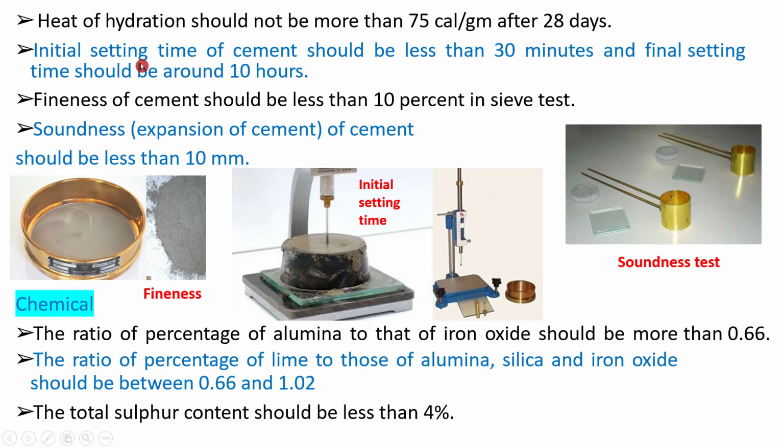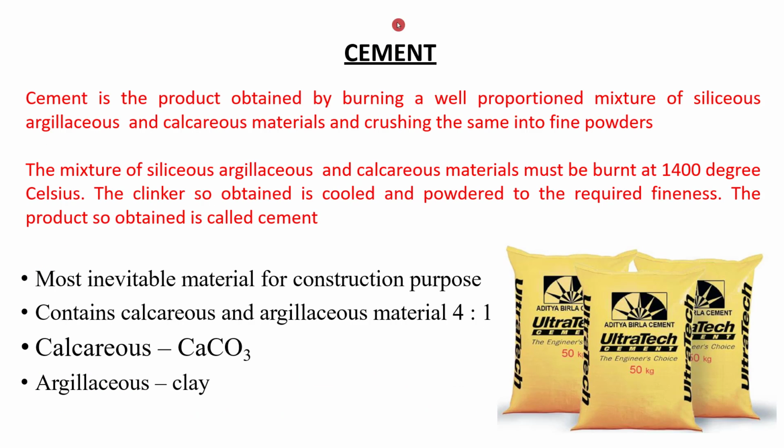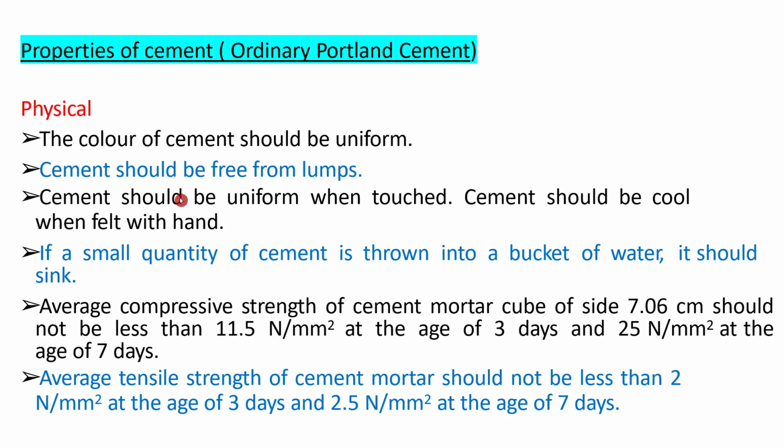So that means initial setting means when we apply water to the cement, it should not set instantly. So that's why we have already seen that after the heat treatment we will get the clinker. To this clinker we will add a gypsum material, and this gypsum material is responsible for delaying the setting time of the cement.